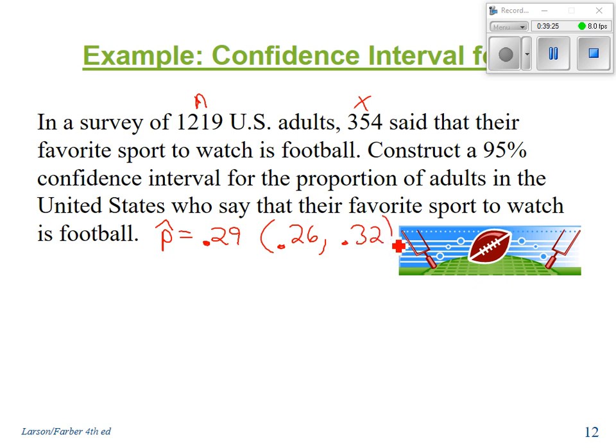So we're saying we don't think that 29% of the population actually are going to say that football is their favorite sport, but we're 95% sure that the percentage is actually going to be between 26% and 32%.